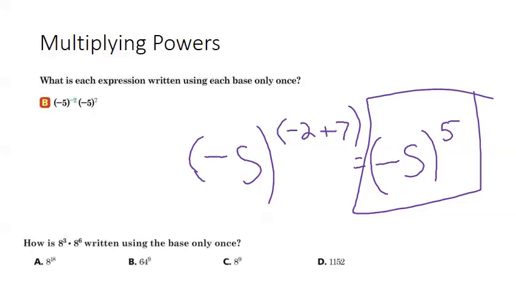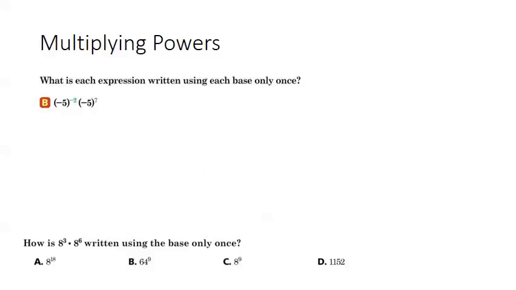Now, here's one for you to do. Pause. Did you pause? So, how'd you do it? Well, what's the base? It's 8, right? And then we do 3 plus 6, which is 9. So 8 to the power of 9.